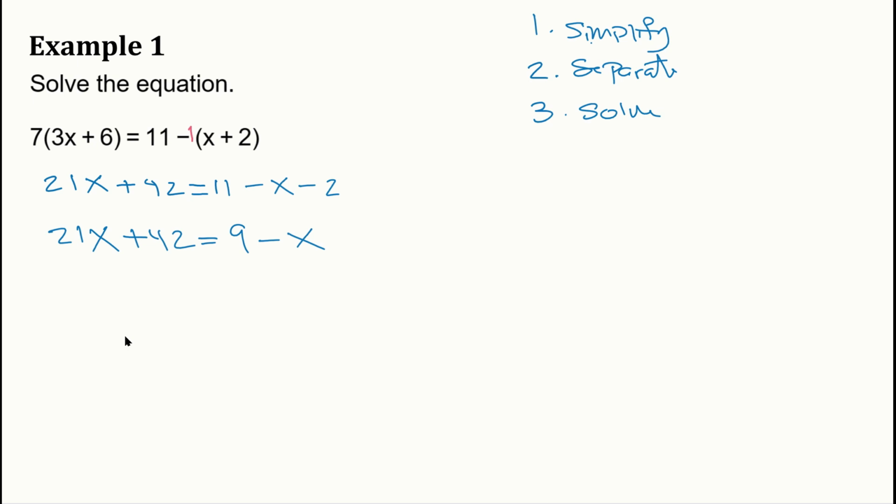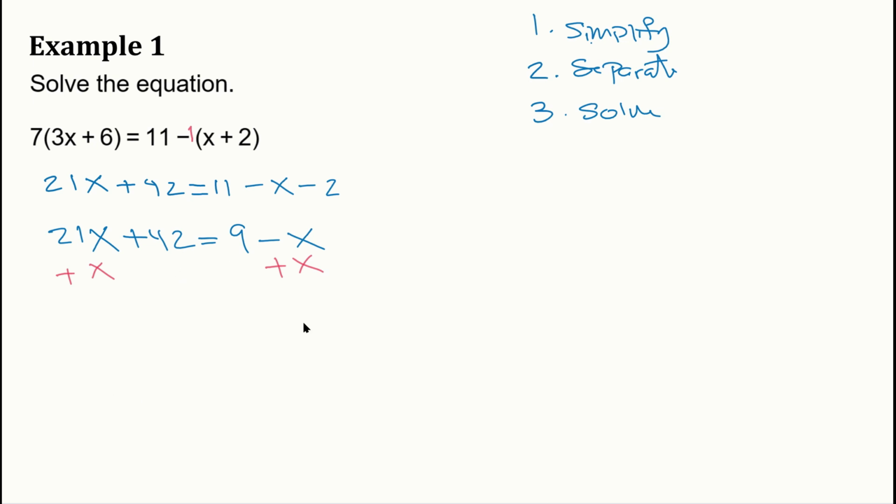So here, since the 21 is the larger coefficient, we're going to move the -x to the other side by simply adding x to both sides. Now we're using the addition property of equality, and since we want to move the 42 to the other side, we're going to subtract 42 from both sides.